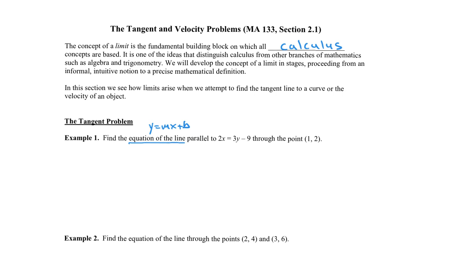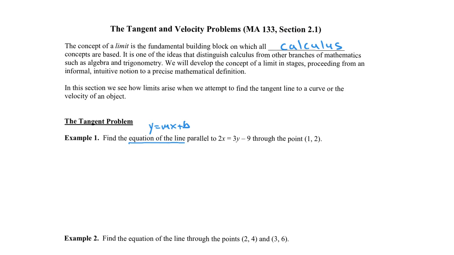To find the slope, remember that we're finding an equation of a line that's parallel to this line. Since our line will be parallel to this line, it will have the same slope as this line. So we really just need to know the slope of this line.